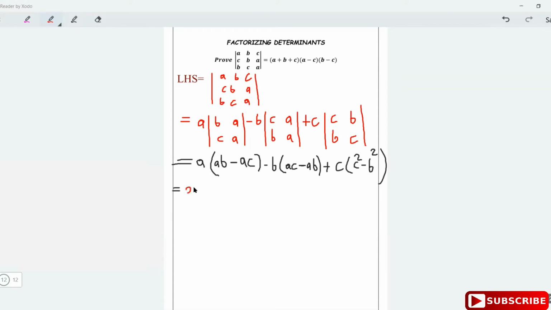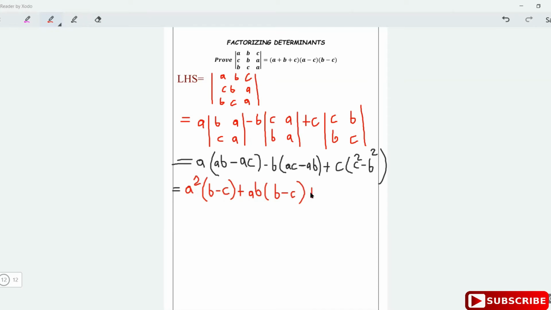So what I'm going to get is A squared times B minus C. Then I'm going to factor out a negative A from here. So to get plus A times B, I factor out a negative A, and that's going to leave me with B minus C. Because look, if I factor out a negative A, then right here, it's going to leave me with minus C plus B, which is B minus C.